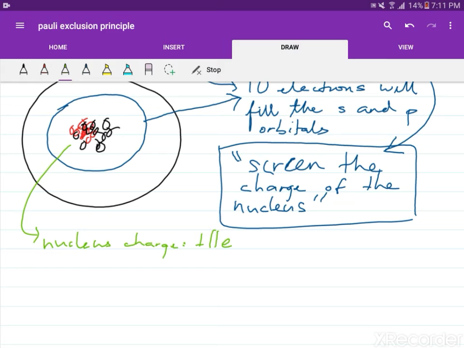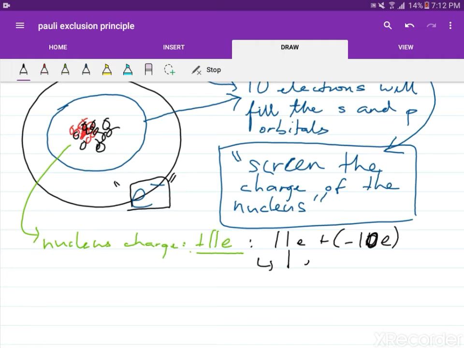Since we have 10 electrons screening the nuclear charge 11e, the remaining 1 electron will feel a net charge of 11e plus negative 10e.